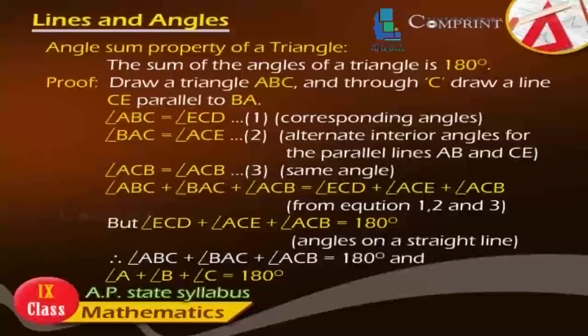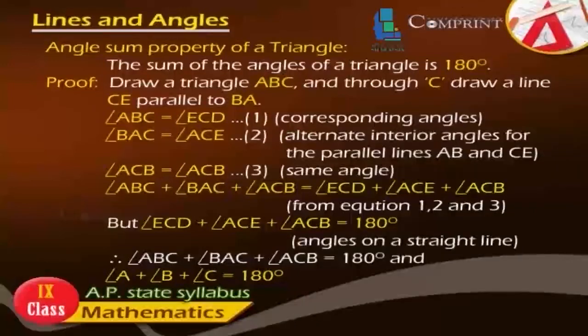Angle BAC is equal to angle ACE, equation number 2. Alternate interior angles for the parallel lines AB and CE. Angle ACB is equal to angle ACB, equation number 3. Same angles.